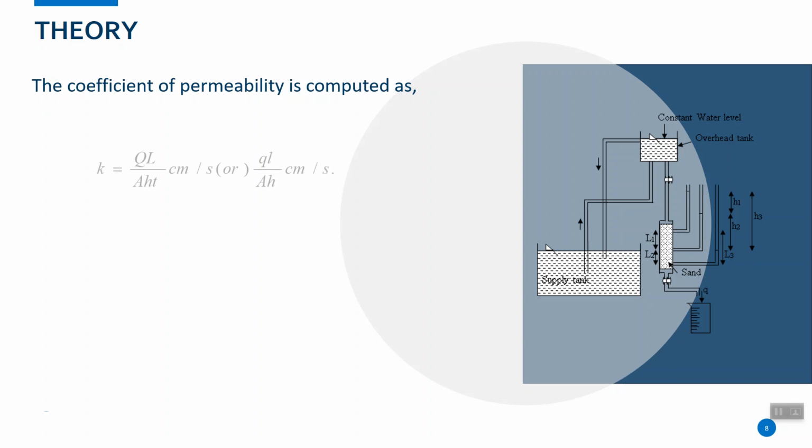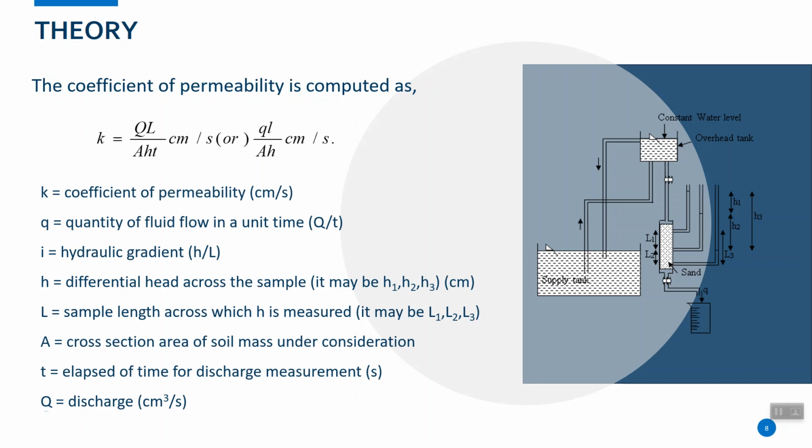Then, the coefficient of permeability is computed with this equation. In this equation, K is the coefficient of permeability, Q is the quantity of fluid in a unit time, i is the hydraulic gradient, and H is the different height across the sample, H1, H2, and H3.